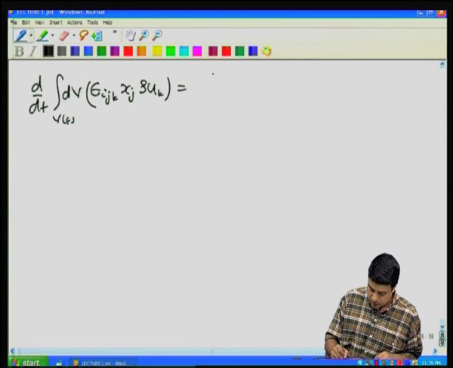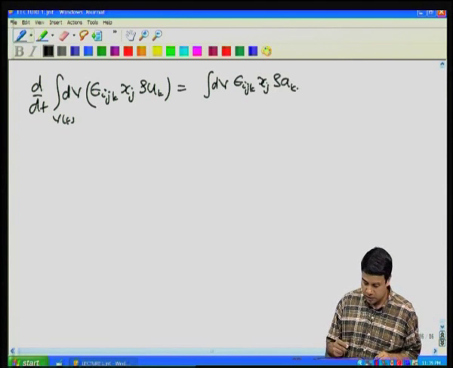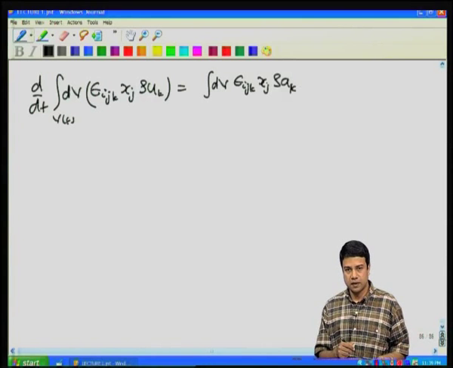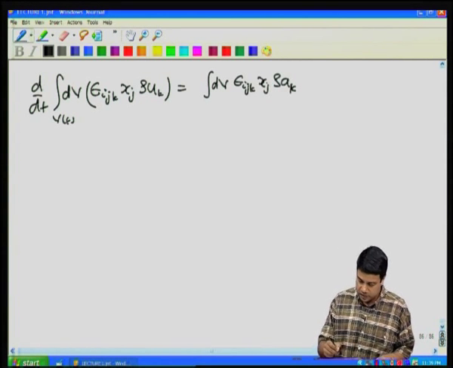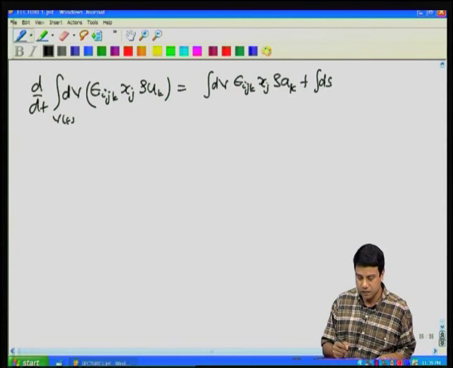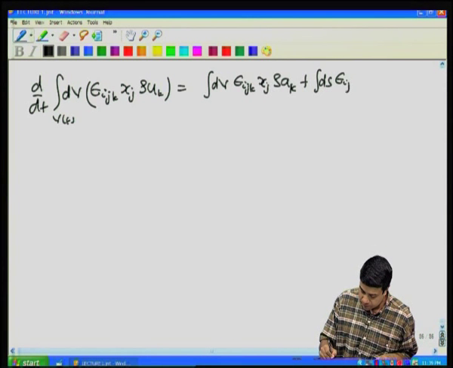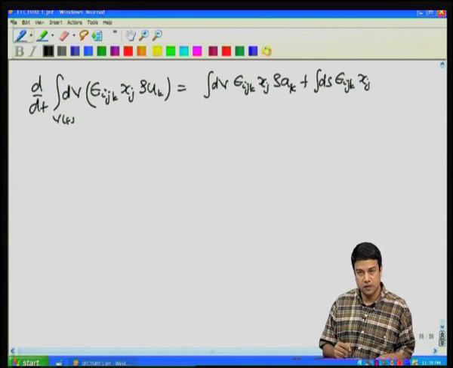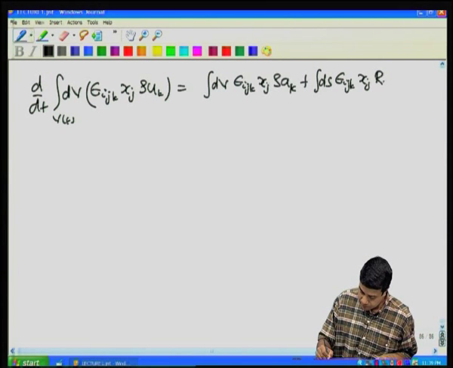is equal to the integral over the volume of ε_ijk x_j times ρ a_k, that is the torque due to the body force, plus the torque due to the surface force, dS of x_j times the surface force t_k.